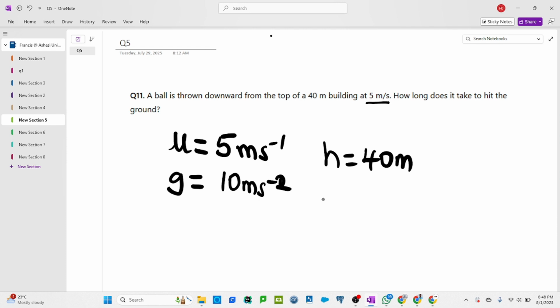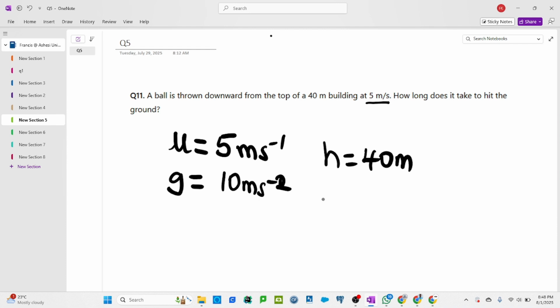What are they looking for? Robert, what are they looking for? So now they are looking for the height. Read the question.